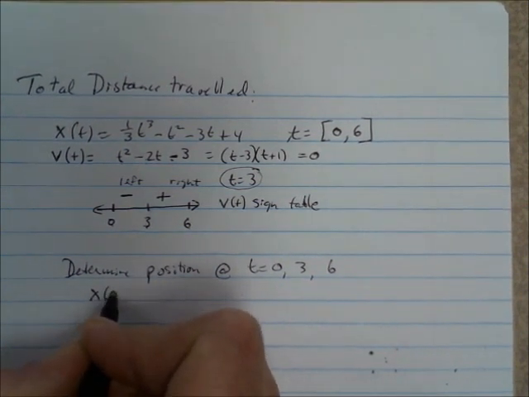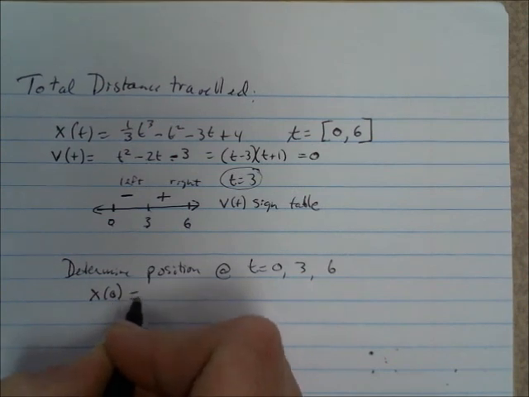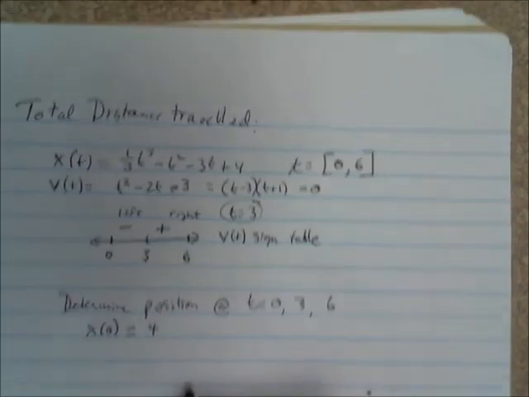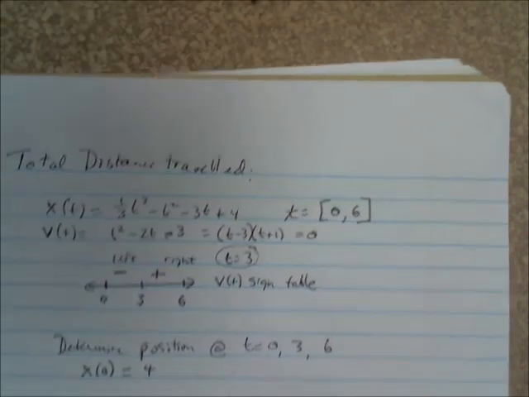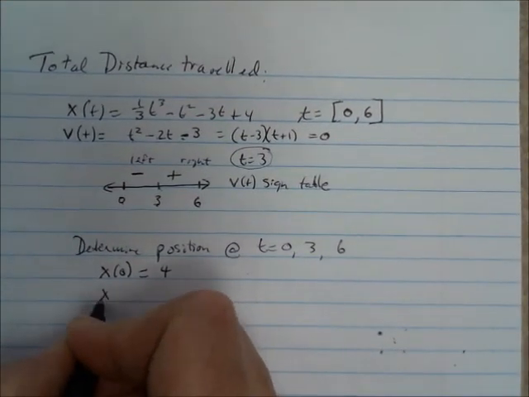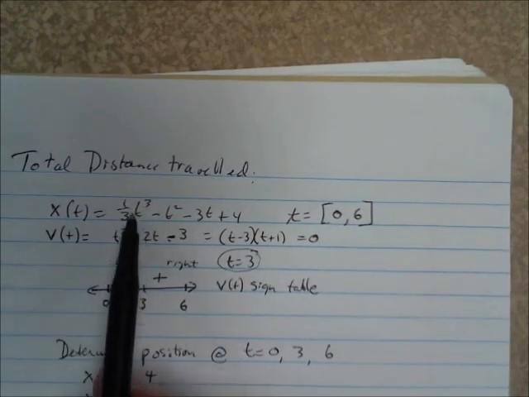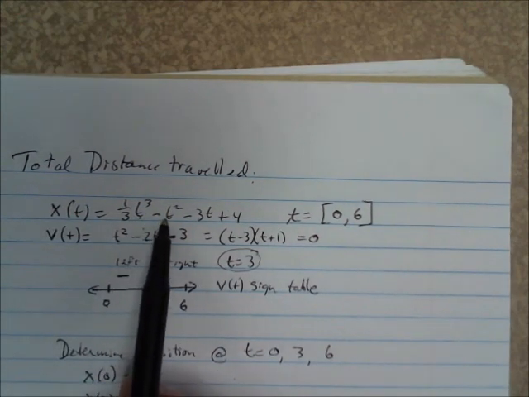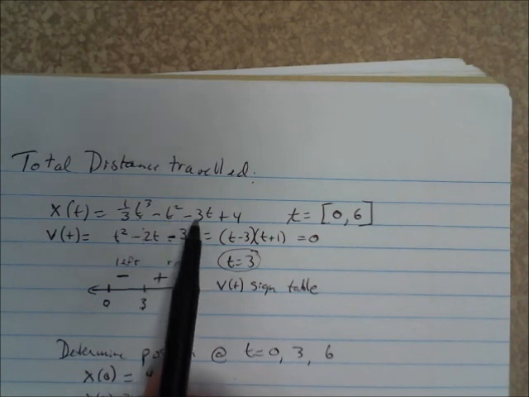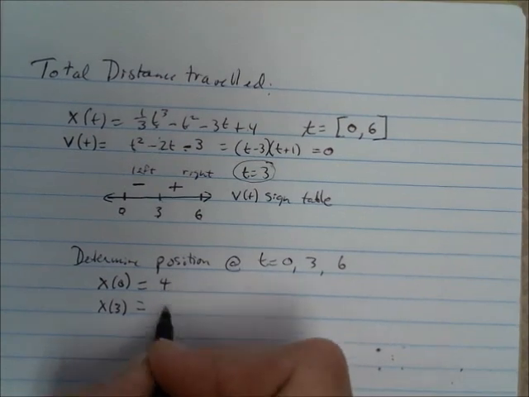So x of 0, that's the initial position. X of 0 is equal to 4, just 0 except for that 4. X of 3 is equal to 1/3 times 27, which is 9, minus 9, minus 9, plus 4. And if you add all those up, I believe you get -5.